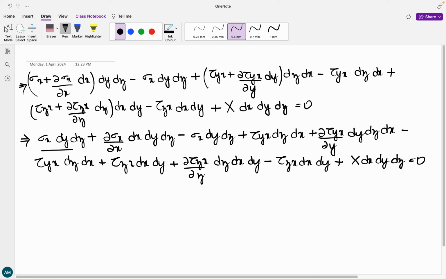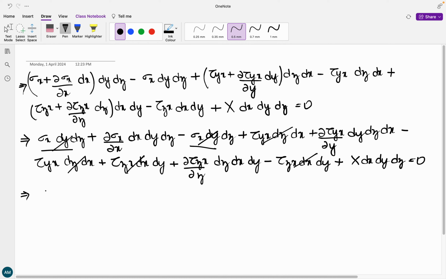I have a component here, I have the same component here, so this and this gets cancelled. Yes, then similarly, see here we have minus tau yx dx dy plus tau yx dx dy. This and this gets cancelled. Then minus tau zx dx dy. This gets cancelled with this.